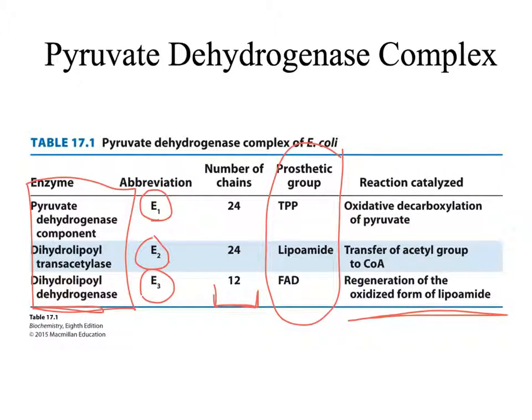This complex, which serves as the link between glycolysis and the citric acid cycle, is an irreversible process. We have a large, highly integrated complex with 3 distinct enzymes that all work together to allow this link between glycolysis and the citric acid cycle.